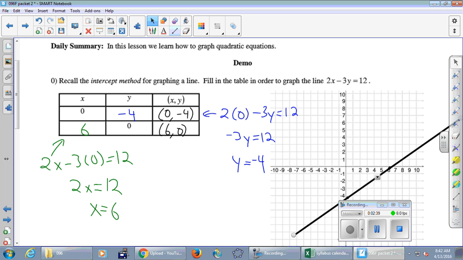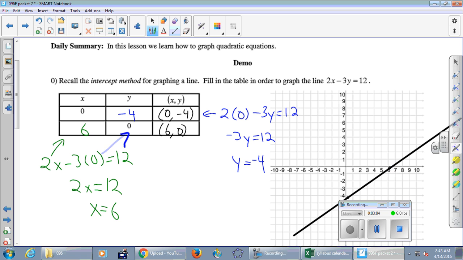Okay, and just something for us to remember, when we're looking for an x-intercept, which one of our 2 rows gave us the x-intercept? First or second? Right, x-intercept is this 6, 0 over here. So how do you find the x-intercept? You let y be 0.